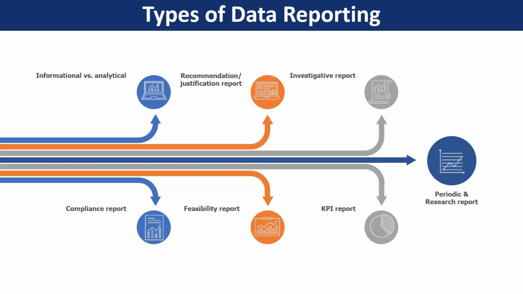From May to August, you have very low revenue, and from September to December you have another huge revenue. So you need to conduct research, looking at the data that you have, to conduct a justification or recommendation report on why you have this trend in the data.